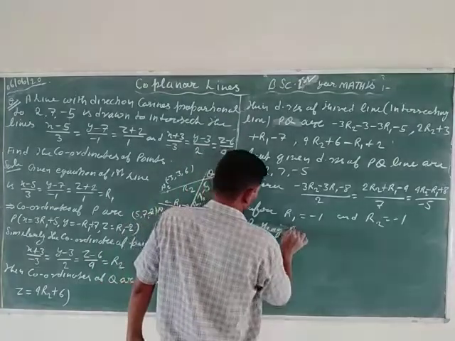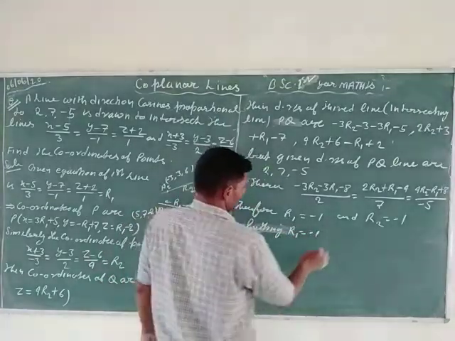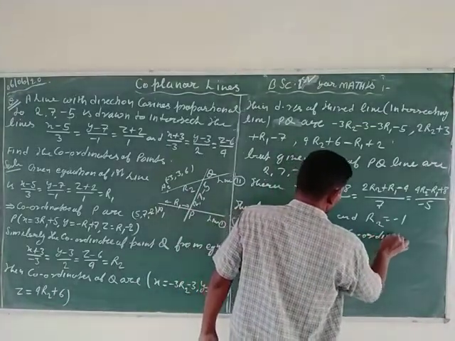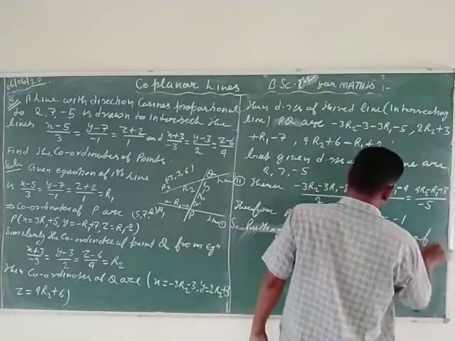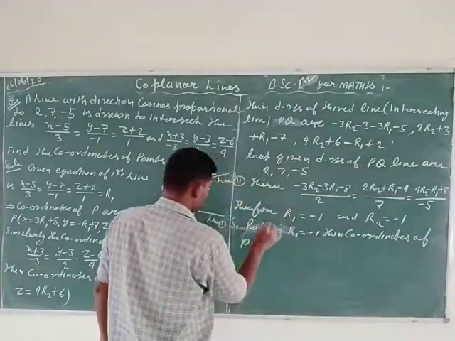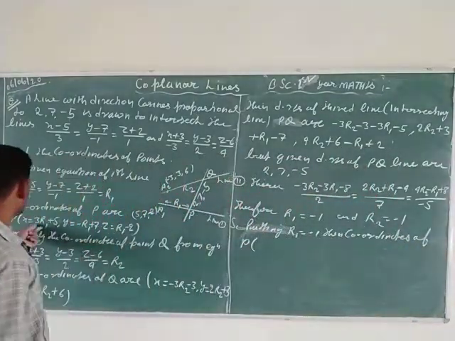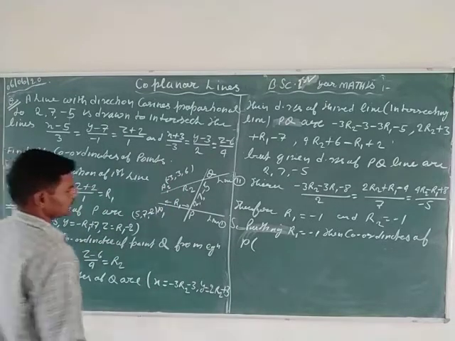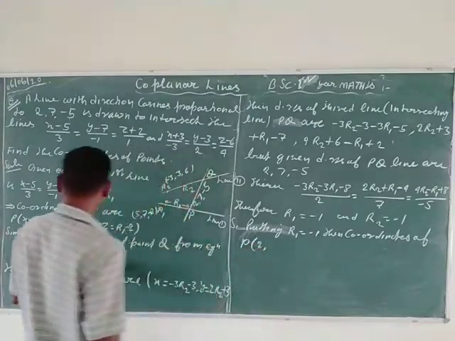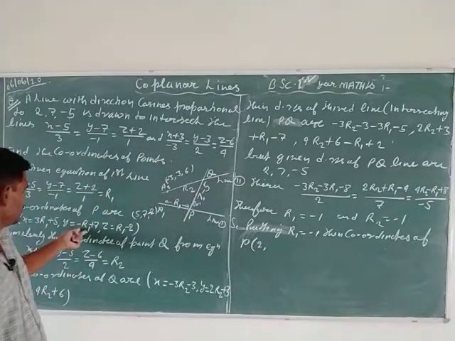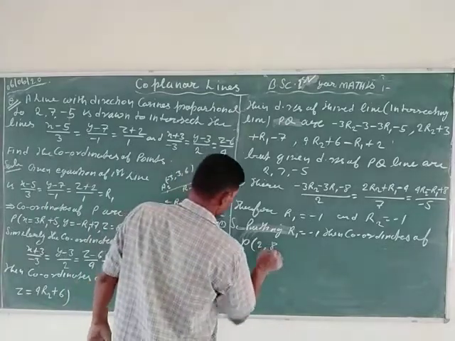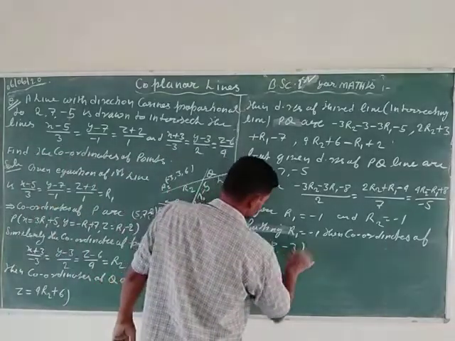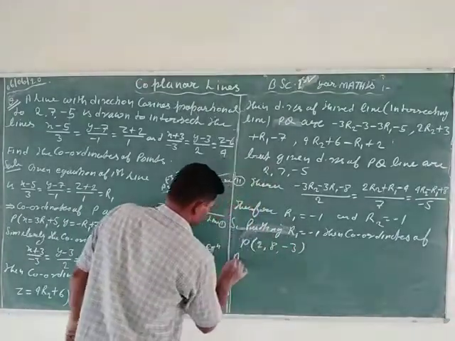Putting R1 = minus 1, the coordinates of point P are 3R1 + 5 = minus 3 + 5 = 2, minus R1 + 7 = 8, and at last R1 minus 2 = minus 3.